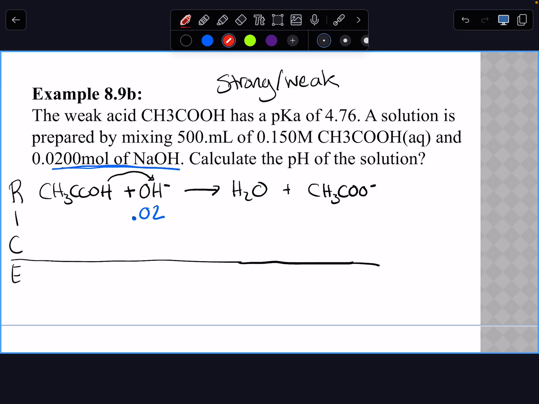I'm going to change my milliliters to liters by moving the decimal over 3, so we get 0.5 liters. Then I'm going to multiply it by the molarity, 0.150 mole per liter. Volume times molarity will cancel out liters and just give you moles. Plug that in. What do we get here?